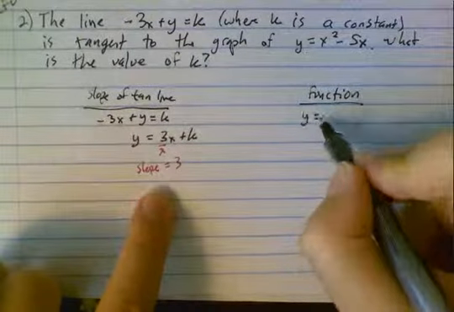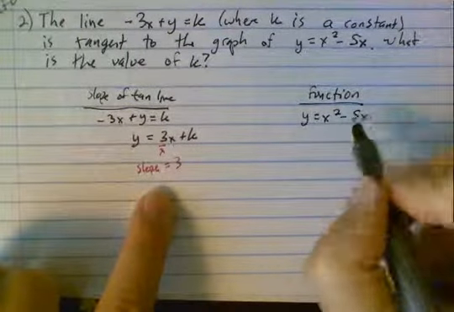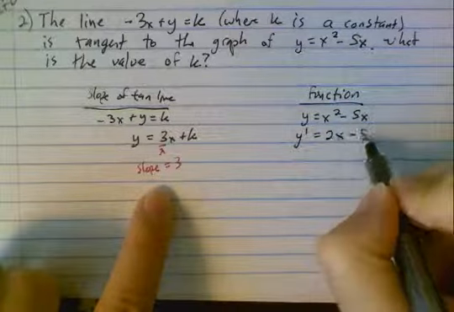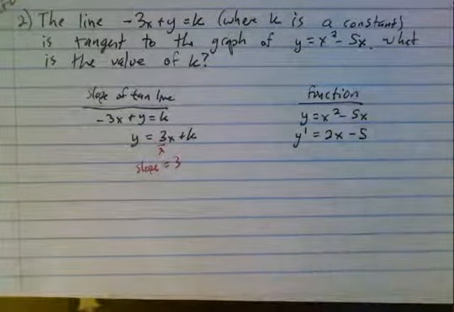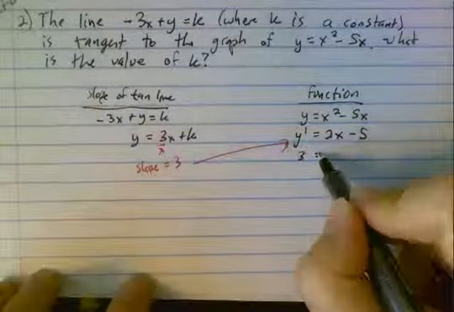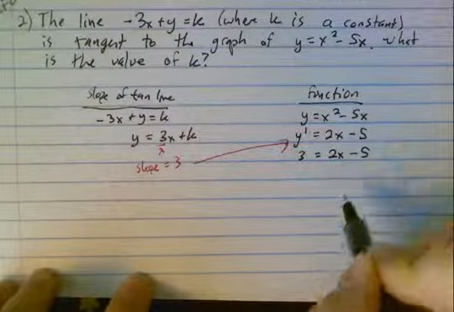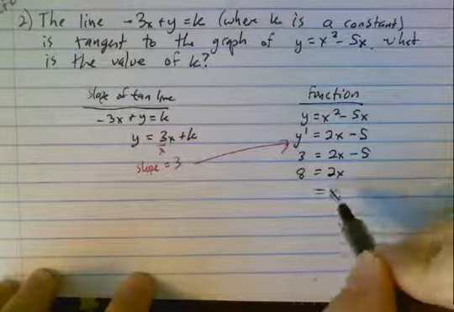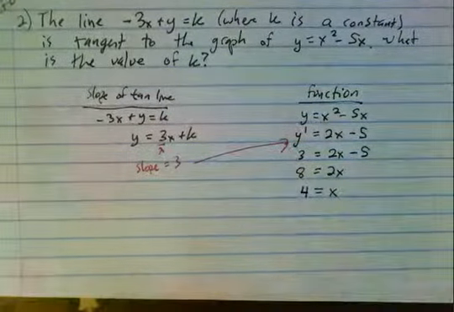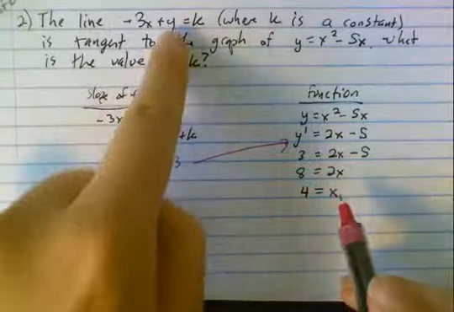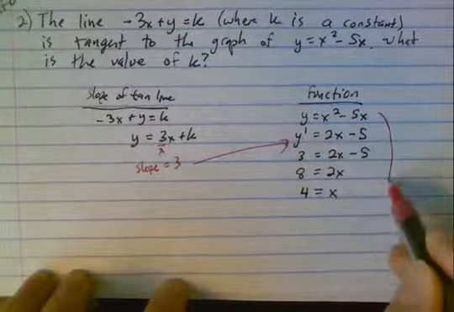Now we'll work with the function. The derivative is 2x minus 5. So at some point, that derivative also equals 3. Add 5 to both sides. Divide both sides by 2. And now we've got our x. If we can find y, then we can find k.